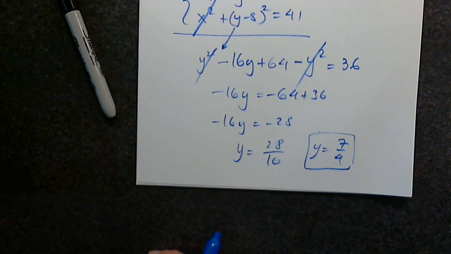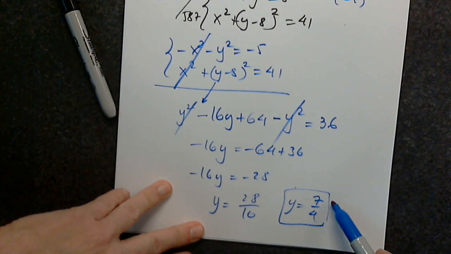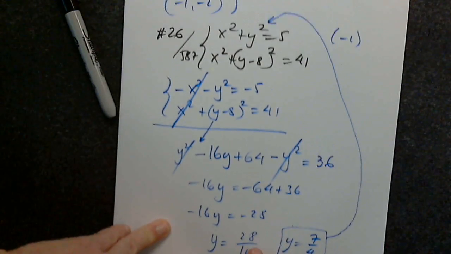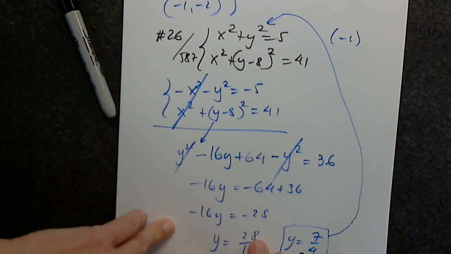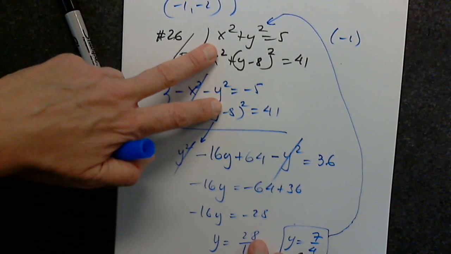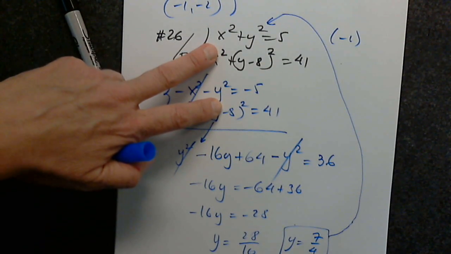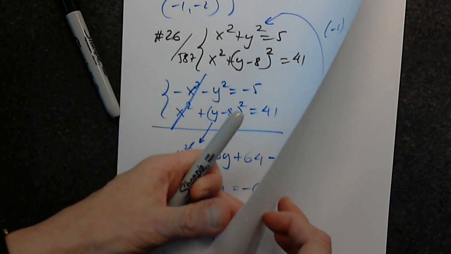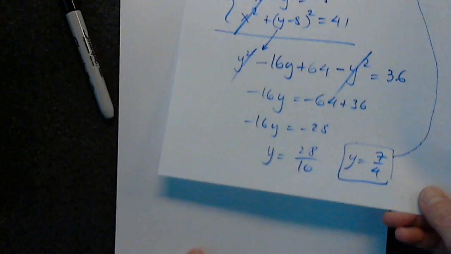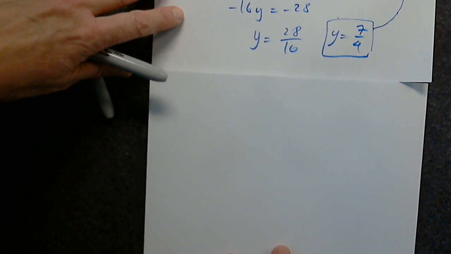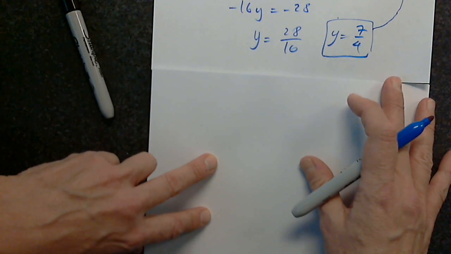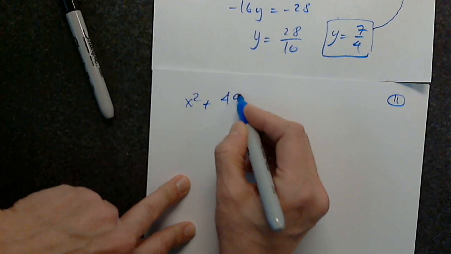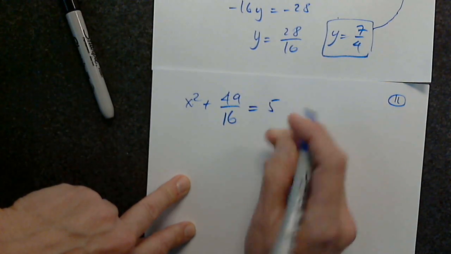It's good, but it's not good enough because now I have to go back and replace y, and I will get potentially how many solutions for x, but the same y? 2. Okay, so let's see. We have x squared plus 49 over 16 equals 5.